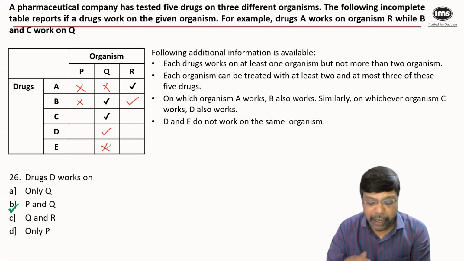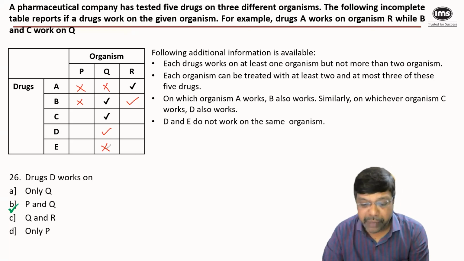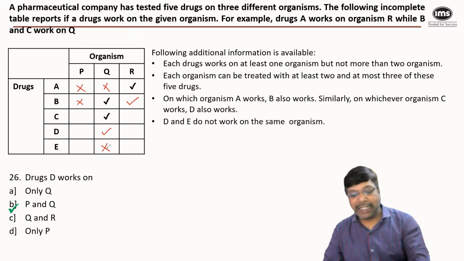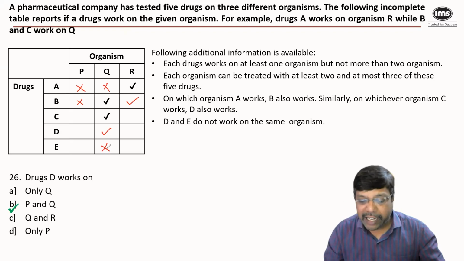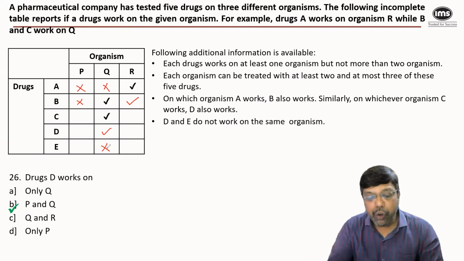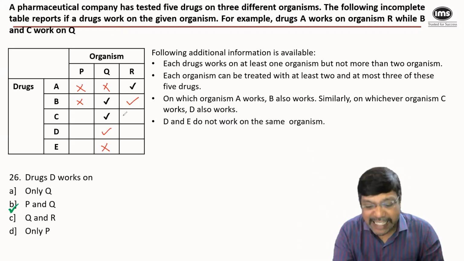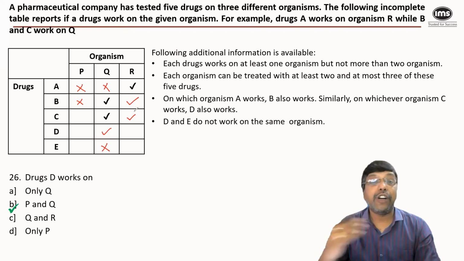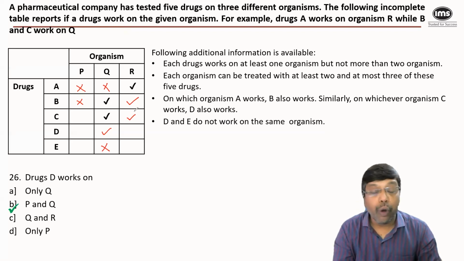Now, when we look at the last statement, it says D and E do not work on the same organism. Now, when I look at R, can I say C works on R? No. Why?